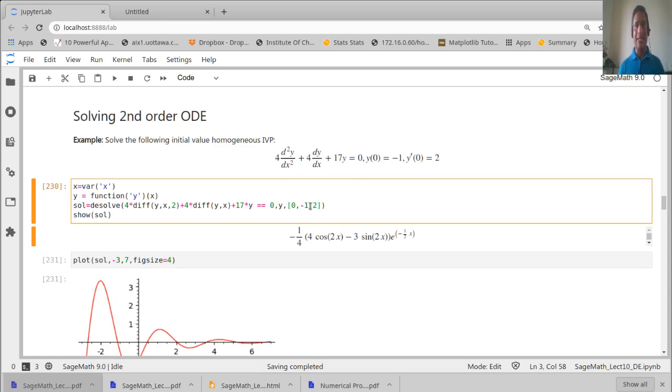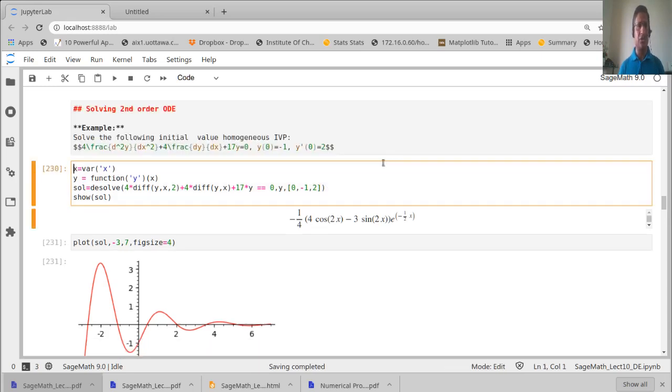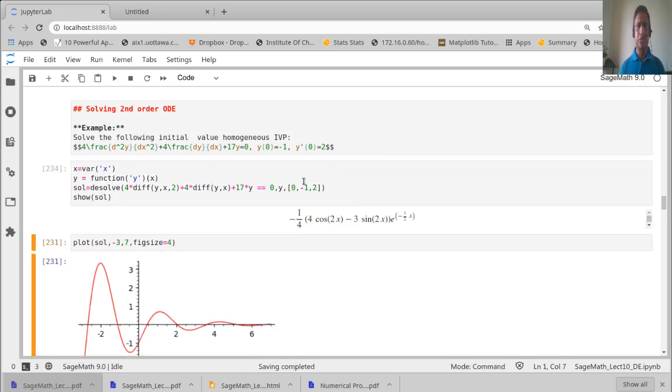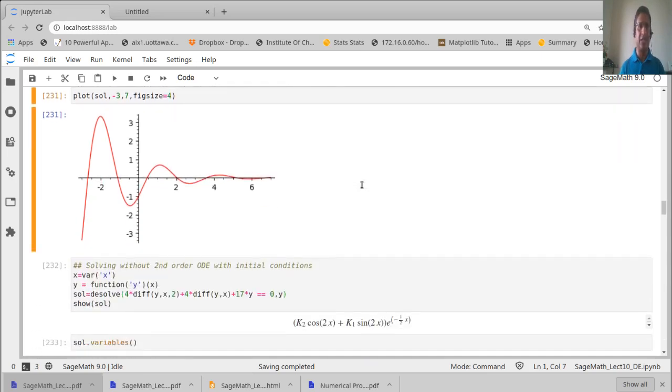So you have to mention these four things, namely x1, x2, y1, y2. Okay, so you can look at the help on this. It will also give you an example.